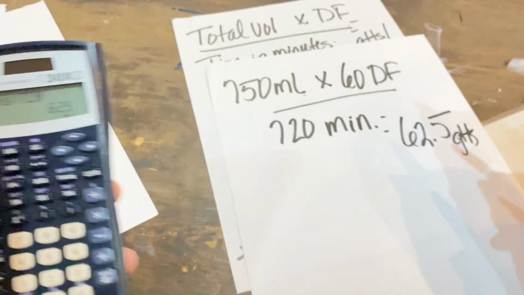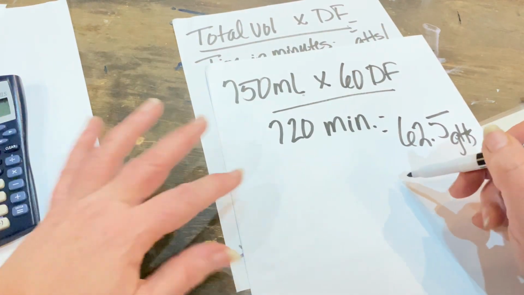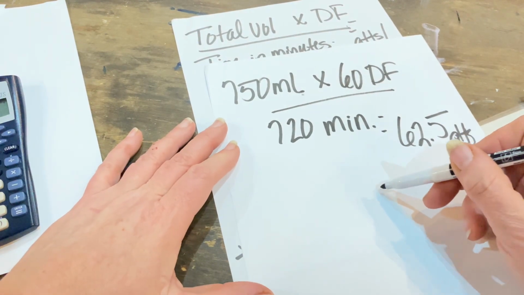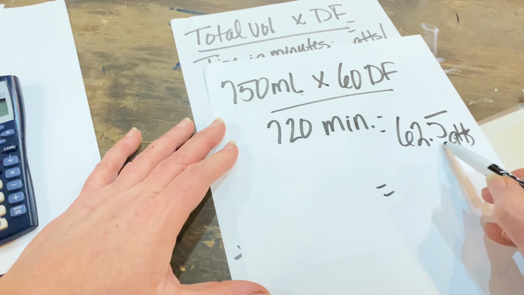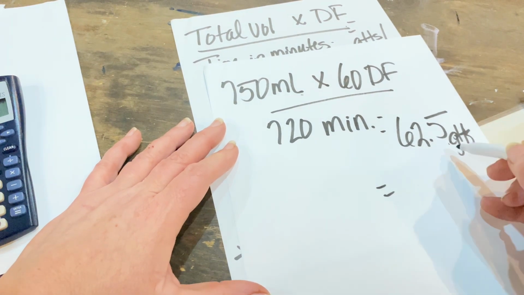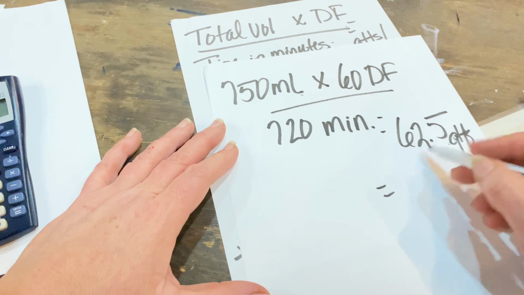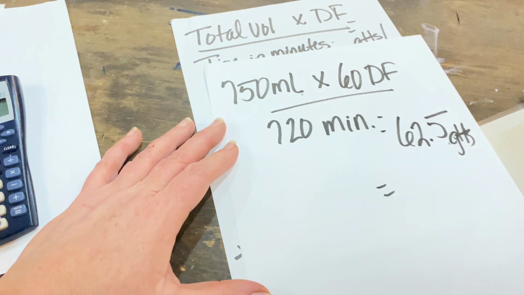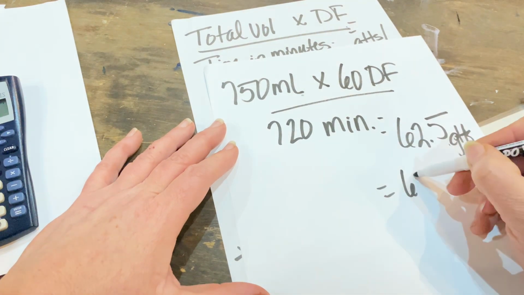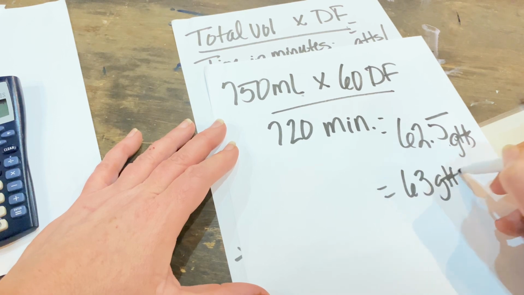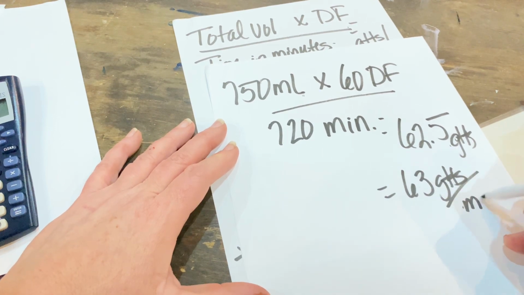You know what I'm about to say. We can't give half a drop. It's just not done. But the 5 is going to make it go up. If it's 5 or higher, then the number in front of it goes up. So it'll be 63 drops per minute.